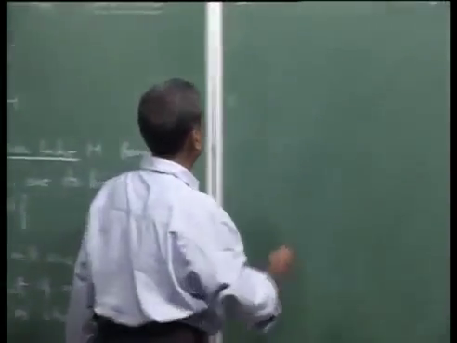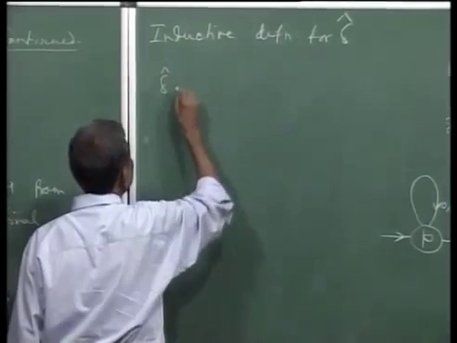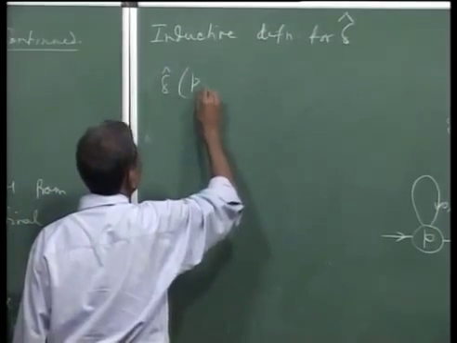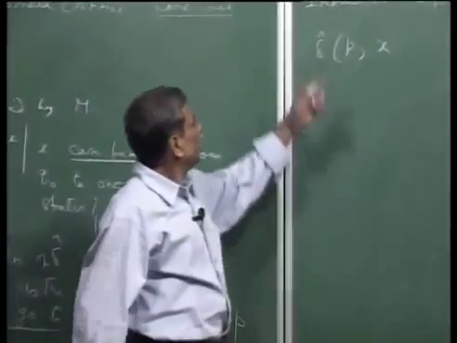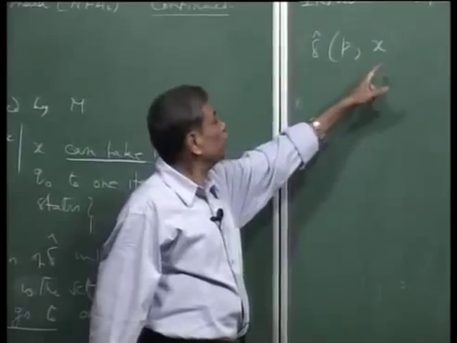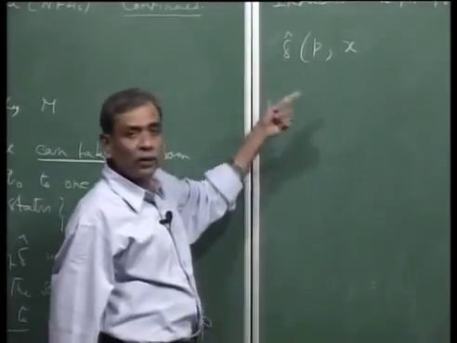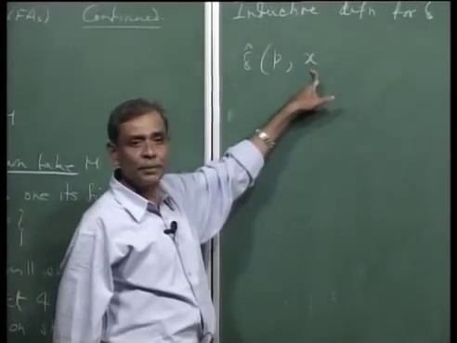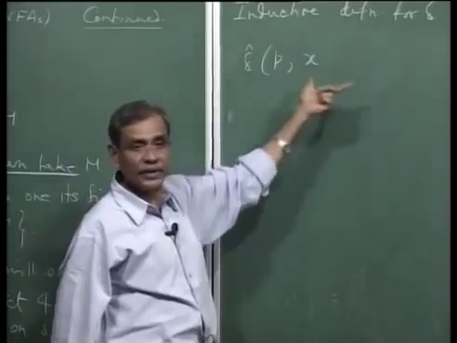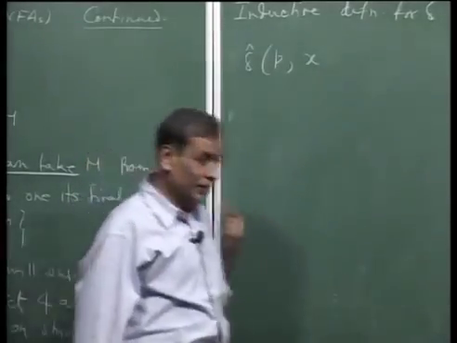So, what is delta hat? Delta hat takes two arguments, P and some string X. Now, I need to define this function delta hat for all possible second arguments, but that is an infinite set. We cannot just write it down as we could do for delta.